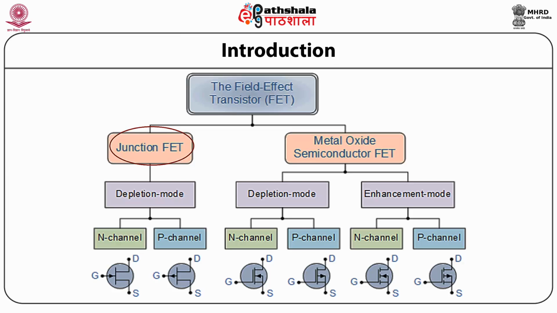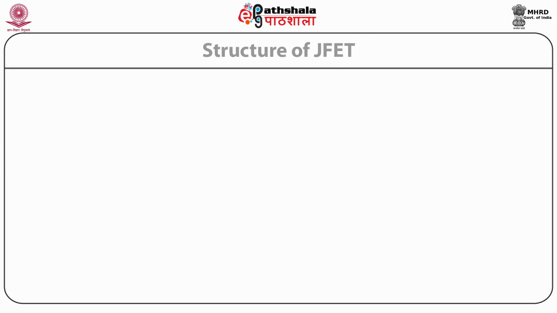JFET is of depletion mode type, and there are N-channel JFET and P-channel JFET depending upon the type of the channel, which may be N-type or P-type respectively. So students, let us now discuss the structure of JFET.